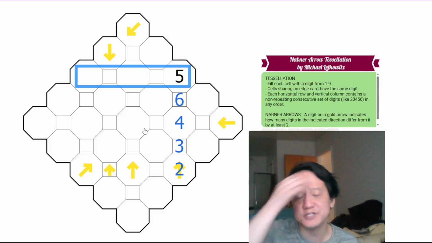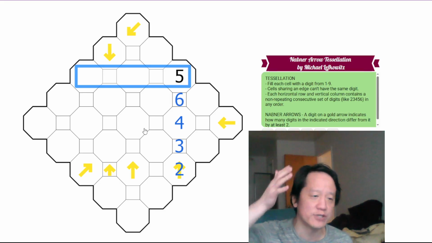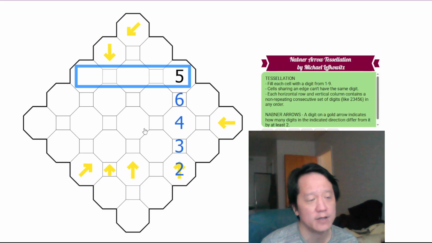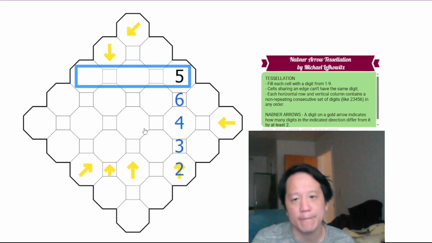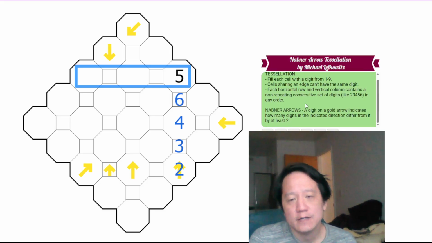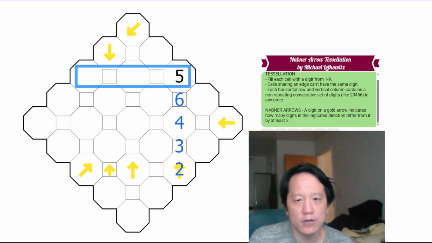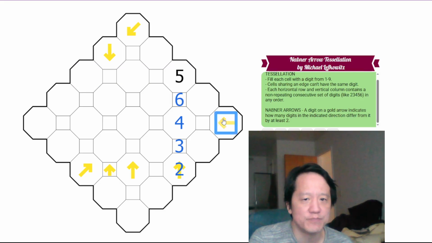And so basically every row and column essentially forms a Renban line, in a sense, in that row or column. So that's basic tessellation.